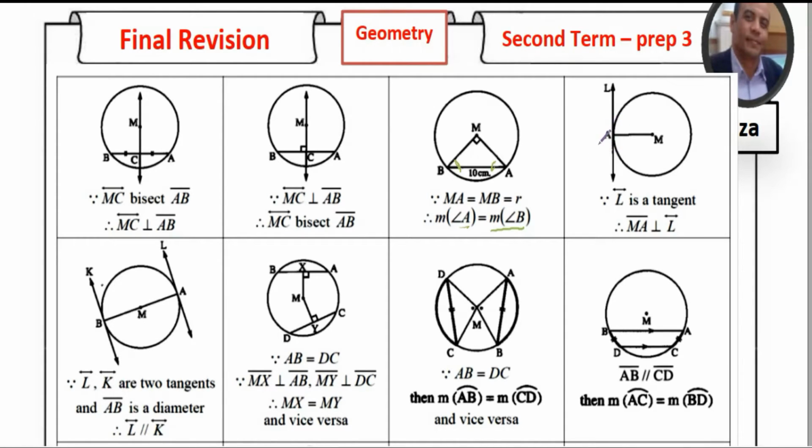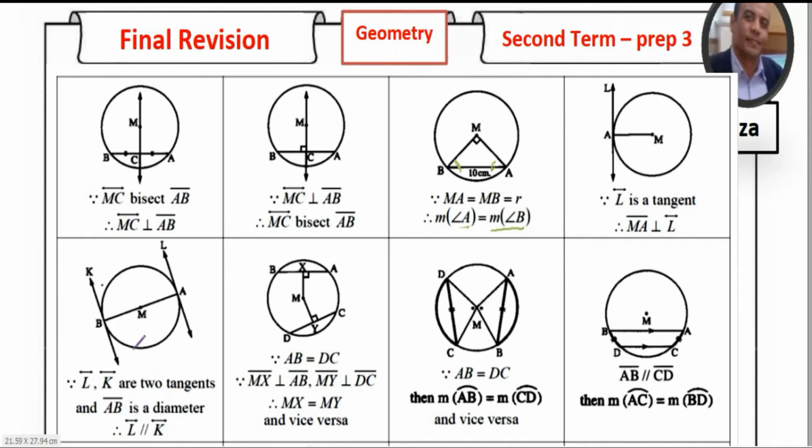As you see here, the straight line L touches the circle M at the point A. So the straight line L is a tangent of the circle. And MA is a radius here. What do you deduce? Yes, MA, the radius, is perpendicular to the tangent L. Or vice versa, the tangent is perpendicular to the radius.